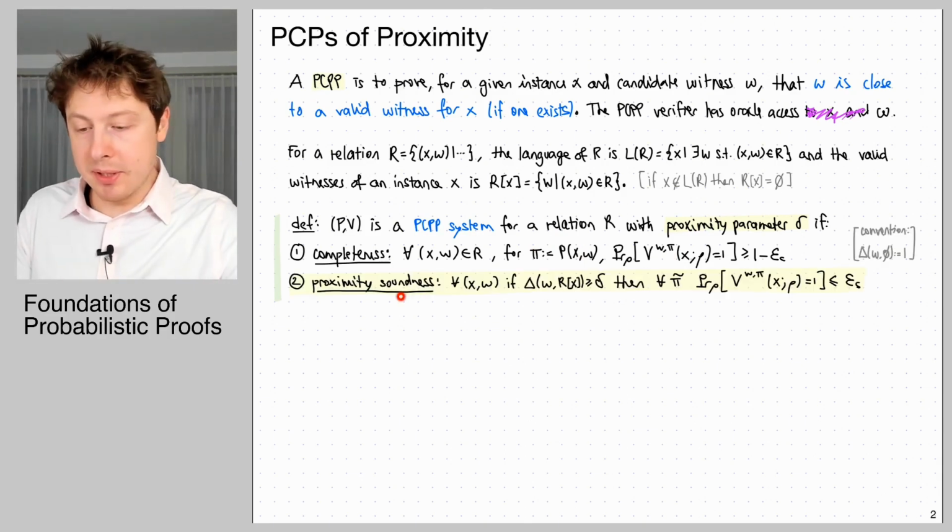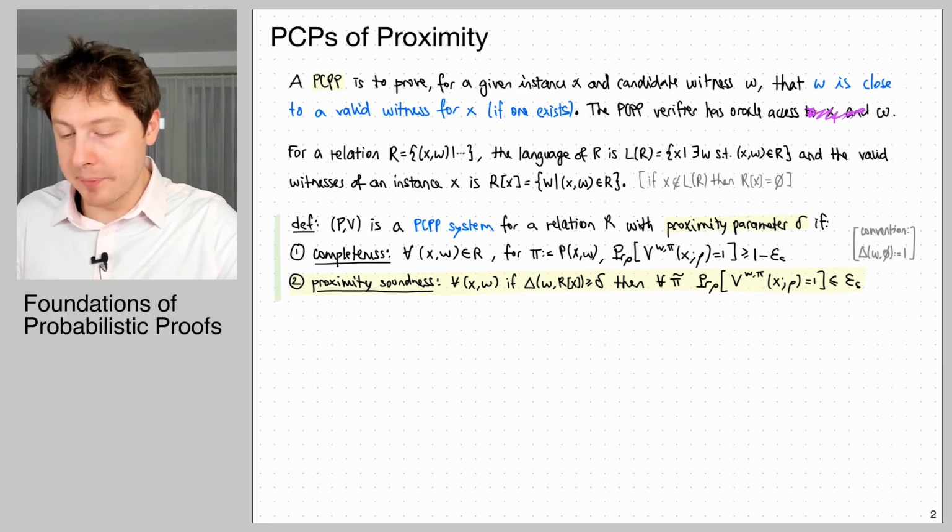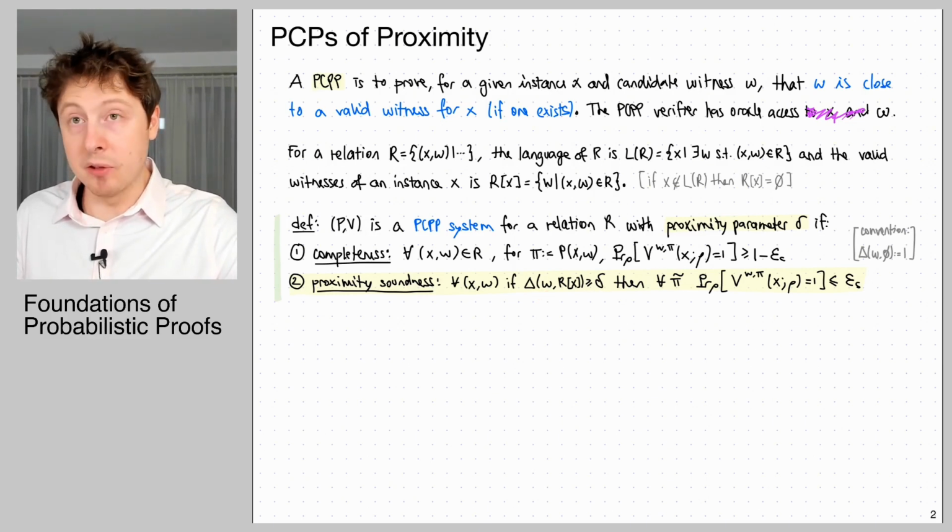Whereas proximity soundness requires that for any instance and witness, if the witness is delta far from any valid witness for that instance, then regardless of the proximity proof, the verifier is not going to accept with high probability. Okay? So that was the requirement.